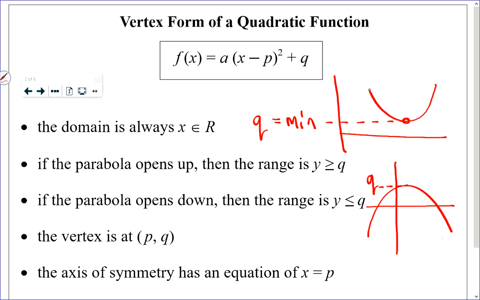And before I finish this off with the vertex form, again, I think this is very simple stuff. And I know that most people will listen to this and go, yeah, that's very simple. But it's so easy on an exam for your brain to slip a gear when you're thinking of some of this stuff.